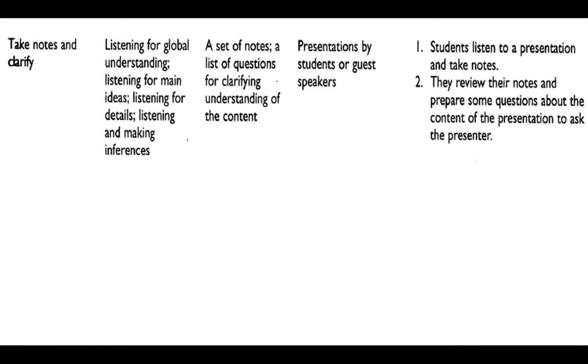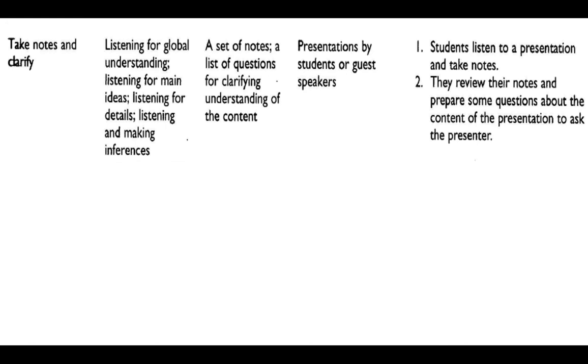So that's the task. And then the skills that they're working on are listening for global understanding, listening for main ideas, listening for details, listening and making inferences. Okay, so that's what I have there. And then the product is a set of notes, a list of questions for clarifying understanding of the content.